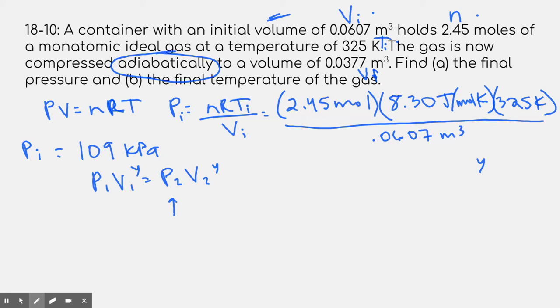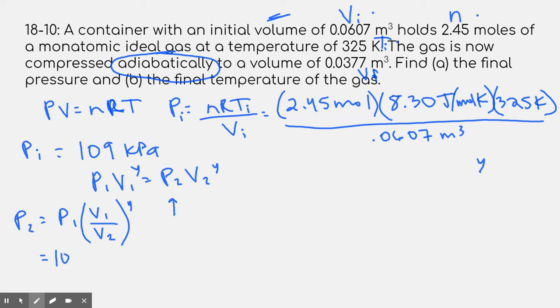Let's rearrange so that we're solving for P final, which would just be this term right here. So P2, which is going to be P final, will come out to P1 multiplied by this, again with our little gamma up here. So let's plug in what we know.